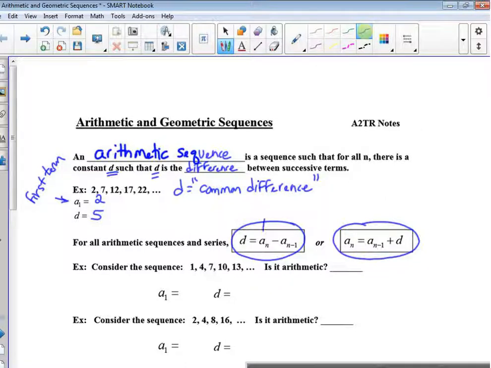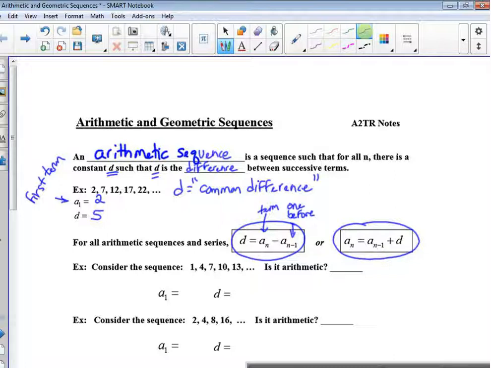So term n minus 1 before. And then if you add a sub n minus 1 to both sides, you would get that a sub n is equal to a sub n minus 1, so the previous term, plus d.